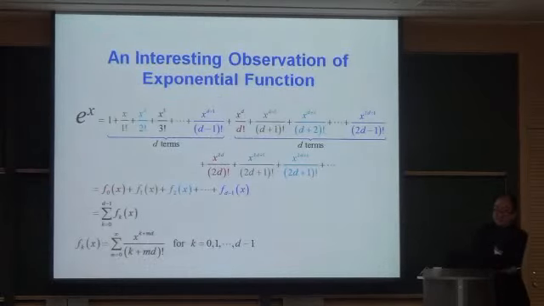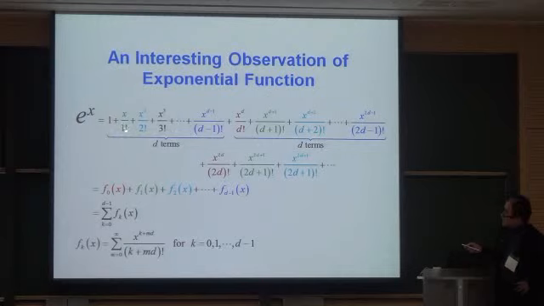Now, let's go to high school calculus. This is an exponential function, its Taylor series. Now, if I divide the terms into d groups, and in each group I collect the first ones: 1, x to the d over d factorial, and x to the 2d over 2d factorial, and so on, I call them f0(x).